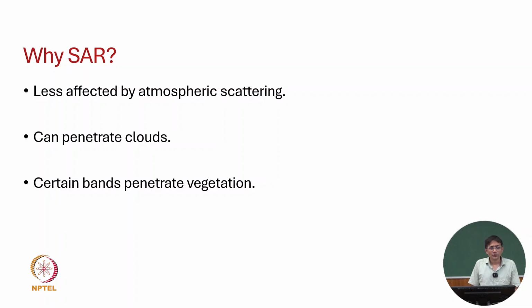Adding to all this, certain bands of SAR, which we have briefly mentioned before in our introductory weeks and will mention again in this lecture, also penetrate vegetation, and this makes it useful for certain applications for which otherwise we cannot just use multispectral images.